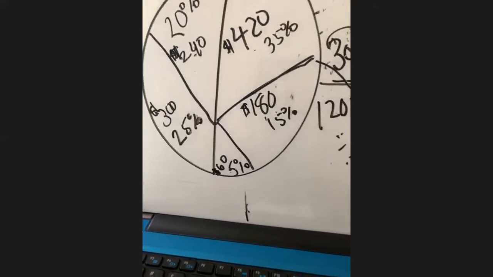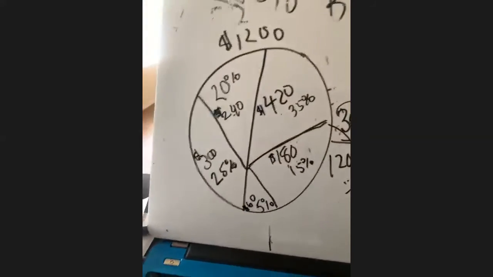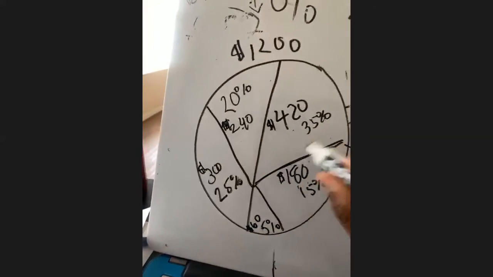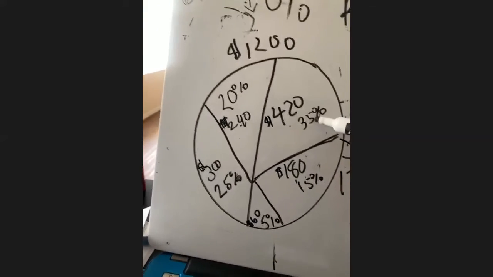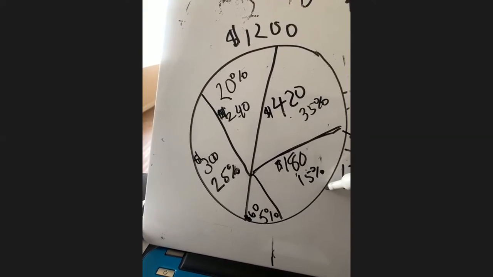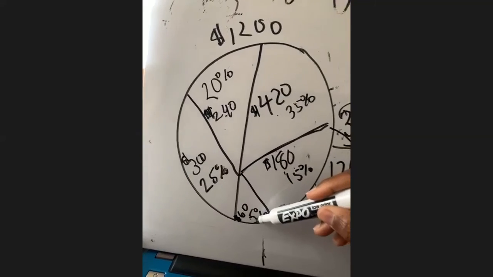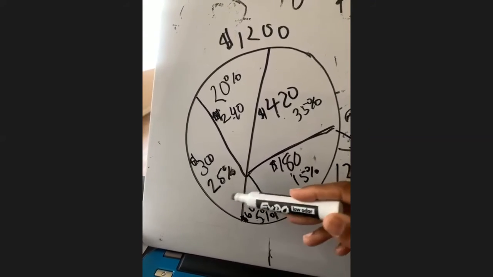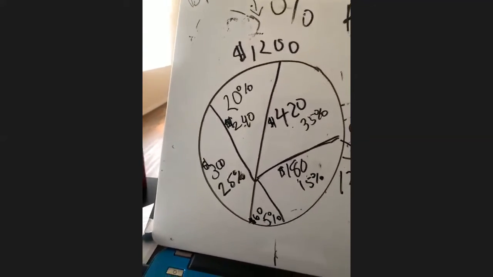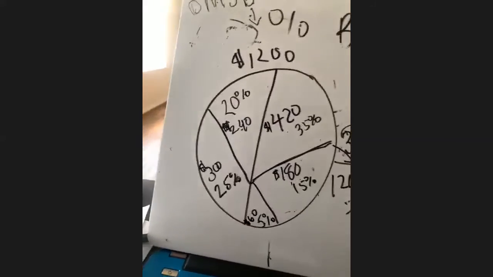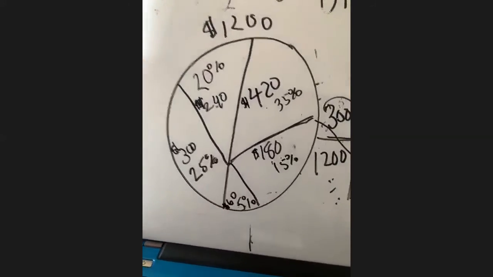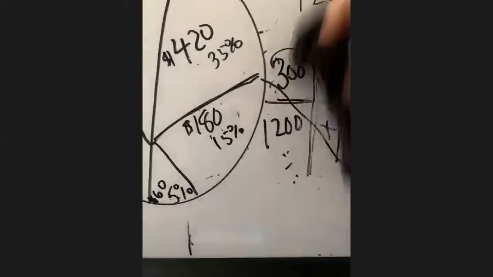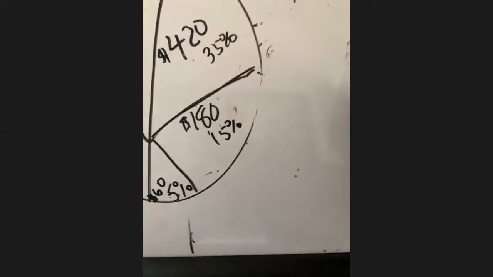So let's close this out. So we got 20%, 35%, 15%, and we have 5%, and we have 25%. When we do the math on it, it should get us 100%. So we're going to do the math on it, and we're going to make sure.